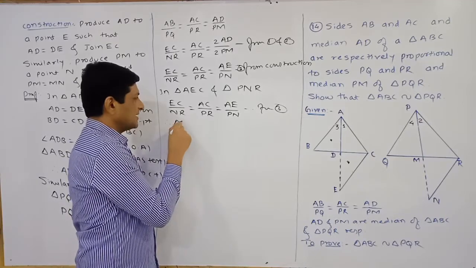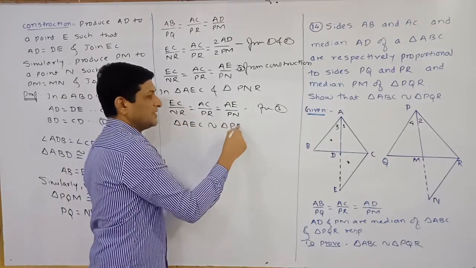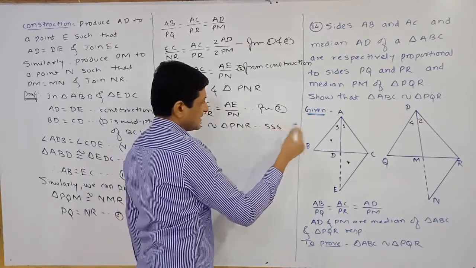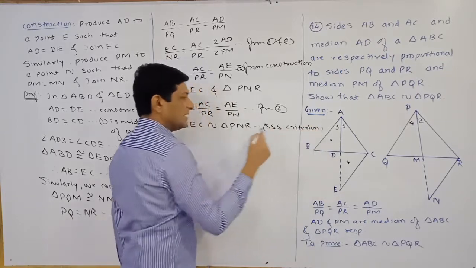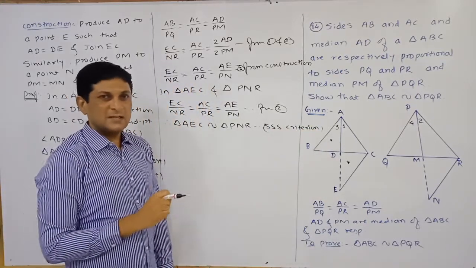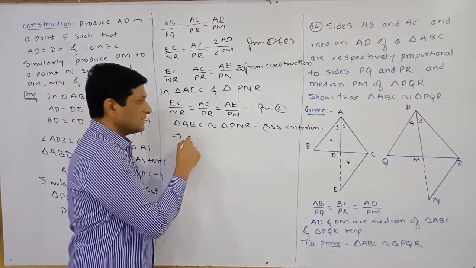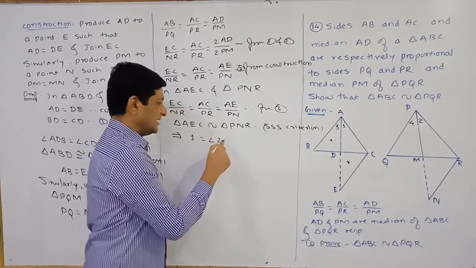Therefore triangle AEC is similar to triangle PNR by SSS criterion. Okay. So since these two triangles are similar, corresponding angles are equal. So this implies that angle 1 will be equal to angle 2.